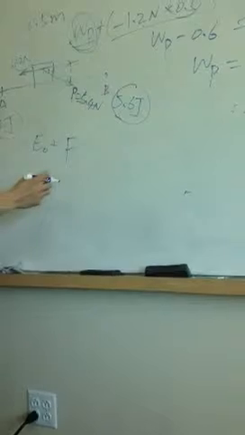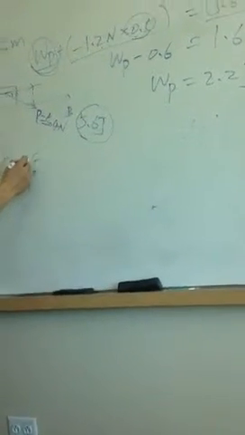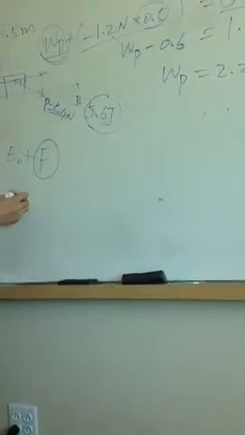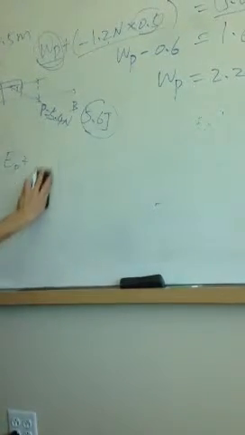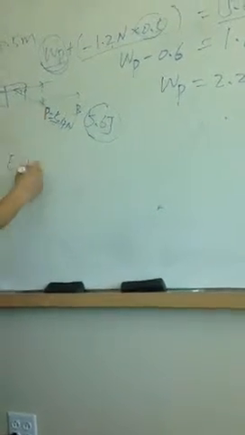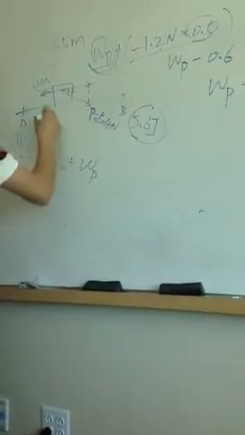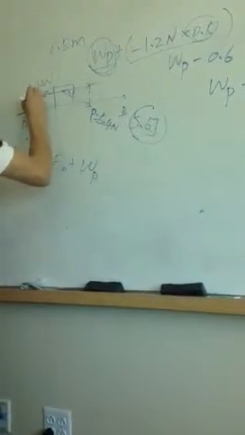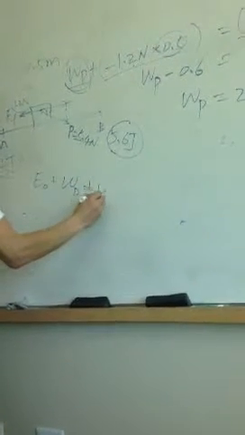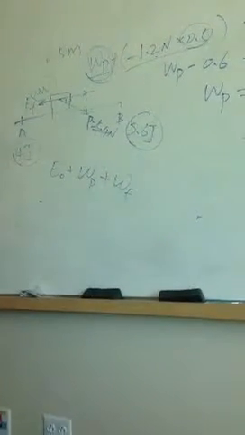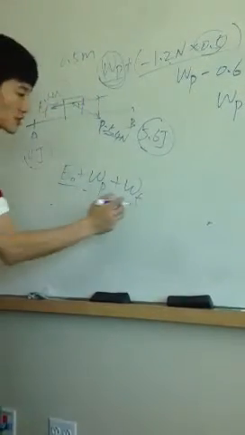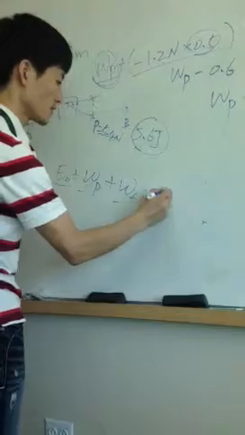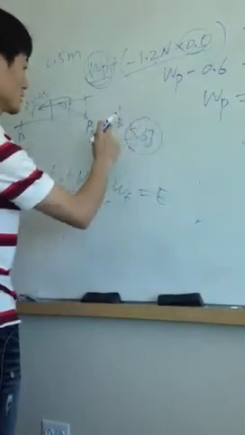So the work done by this force, for example, you have P, you have the friction. The initial energy plus the work done by those different forces should be equal to the energy in the end.